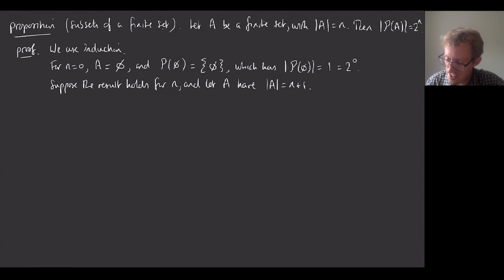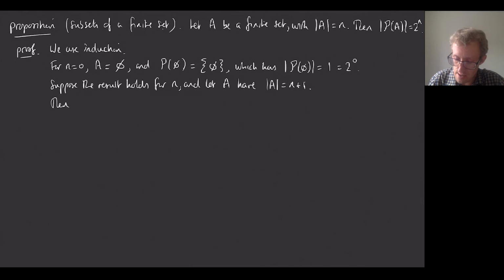So if we follow the definition of what it meant to say that A has got cardinality n plus 1, that means that we can find some element within A such that if we get rid of that element, then we have something that has cardinality n.